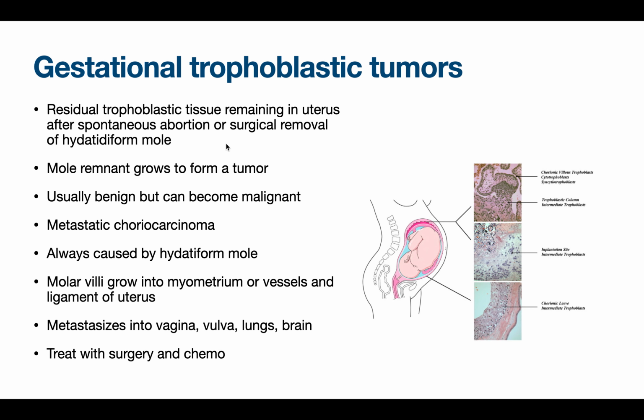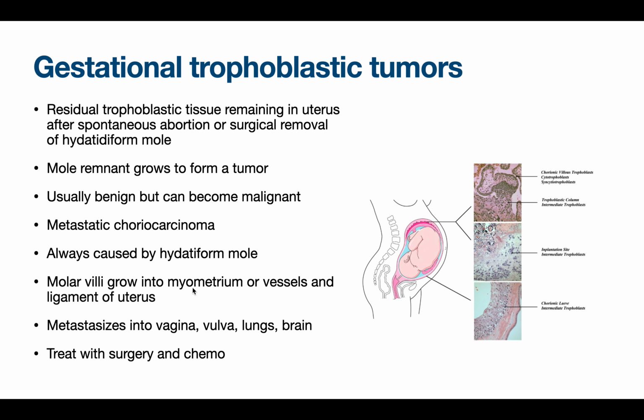It just means that if the surgeon isn't careful, or misses the spot where the hydatidiform mole used to be, like if you don't remove the stalk, the mole remnant can grow and proliferate to form a tumor. Usually they are benign, but they can become malignant, and then it becomes the metastatic choriocarcinoma, and it's always caused by a hydatidiform mole.